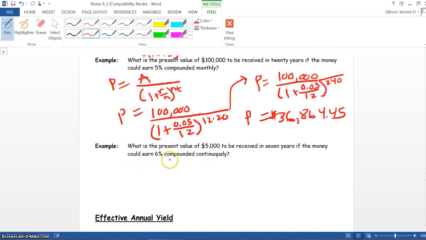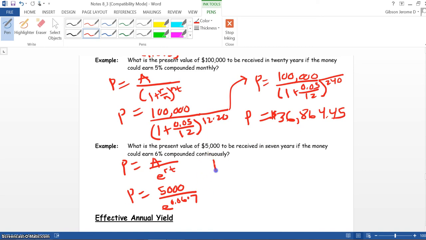Now this one is compounded continuously. So we have P is equal to A over E to the RT. So we have P is equal to our A is $5,000. E, our rate of interest is 6%, so it's 0.06. And our time is 7.